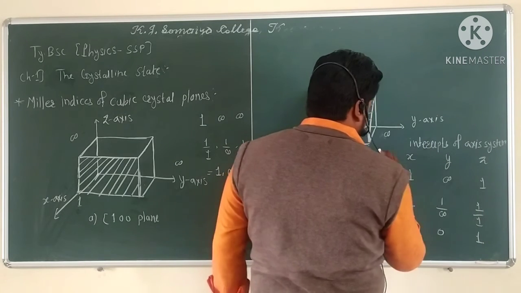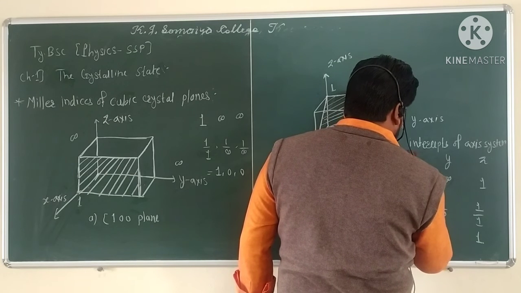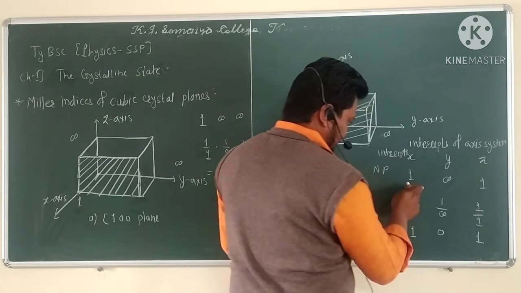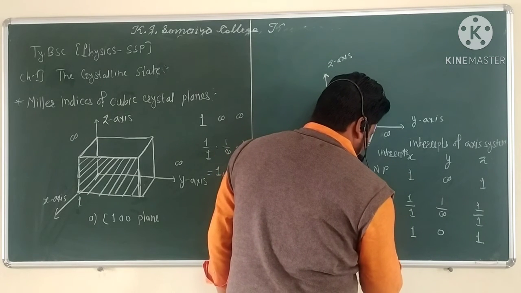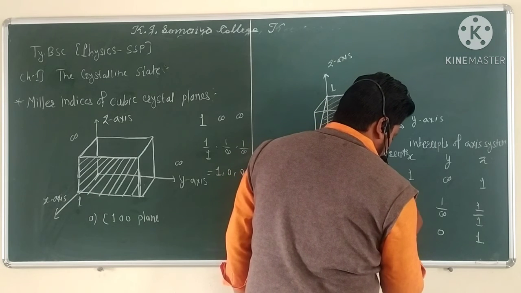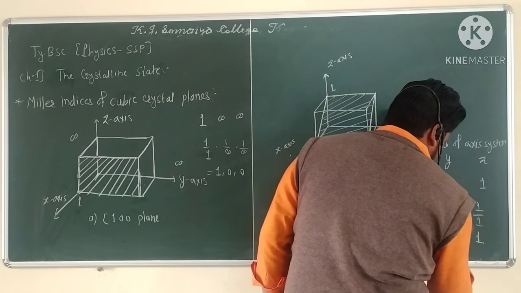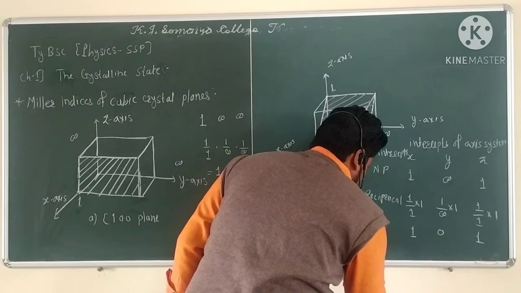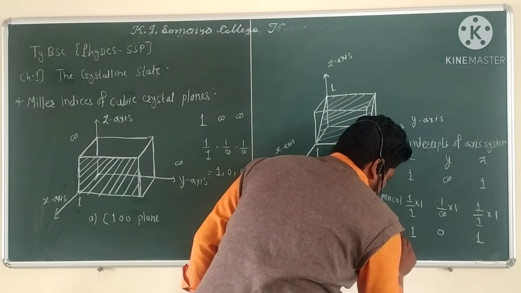So here we have the intercept points, which are the numerical parameters in this step. Then we take the reciprocal and multiply by the LCM, and we get the Miller indices.